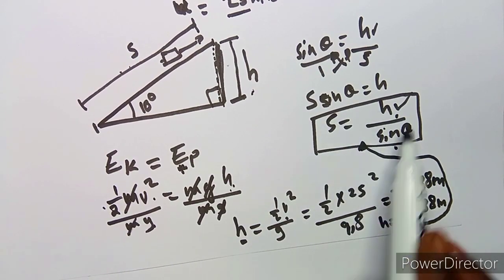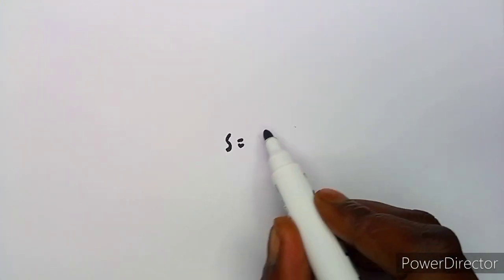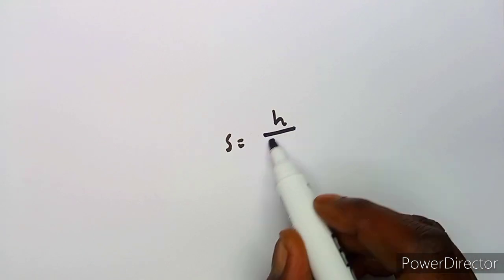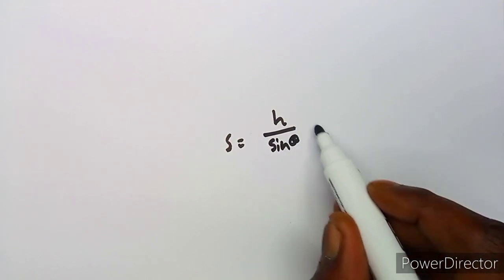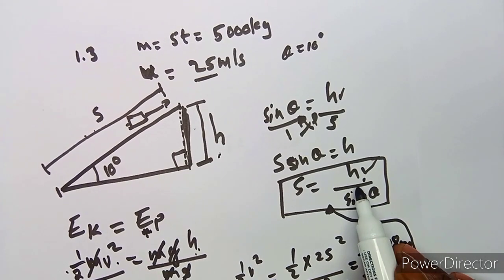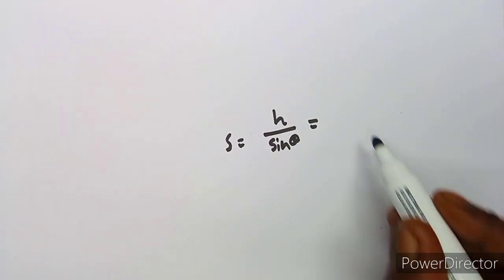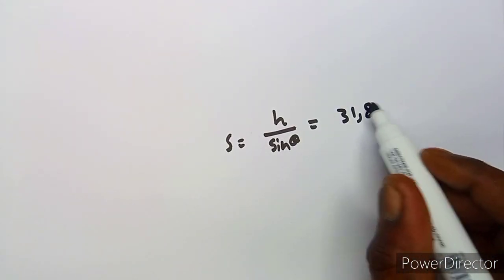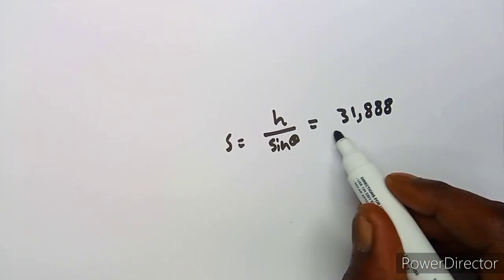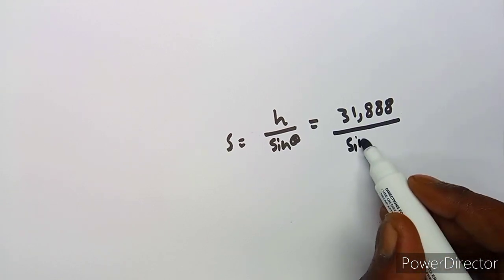So we have to go back now and apply the formula that we transposed. Some of these questions, guys, you have to think along the lines, because it's not direct. So that is our H, guys. We substitute 31.888 over sine theta, which is the angle.